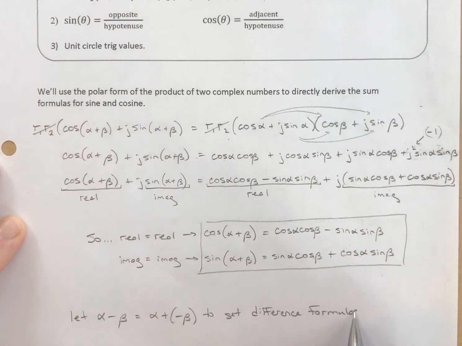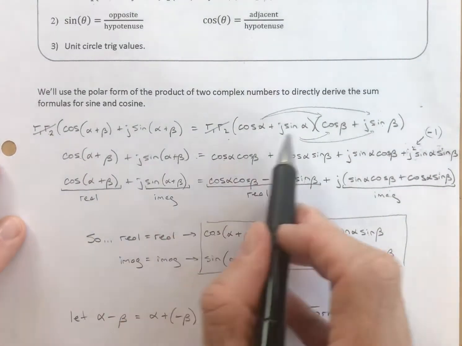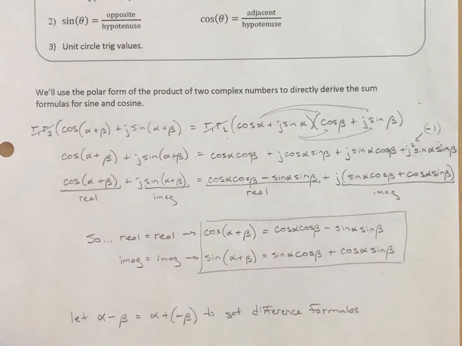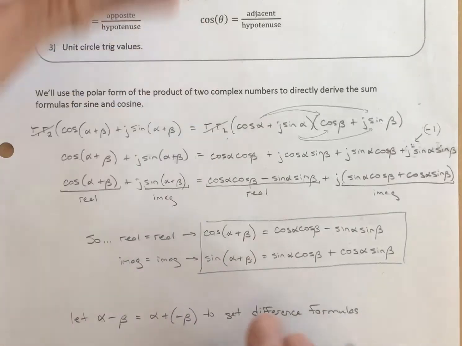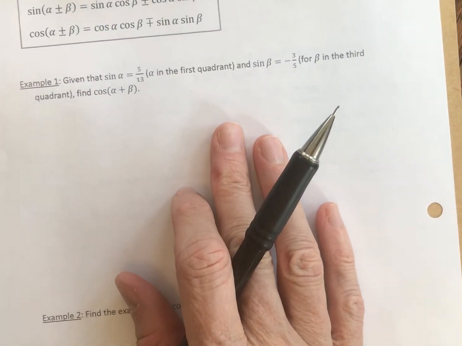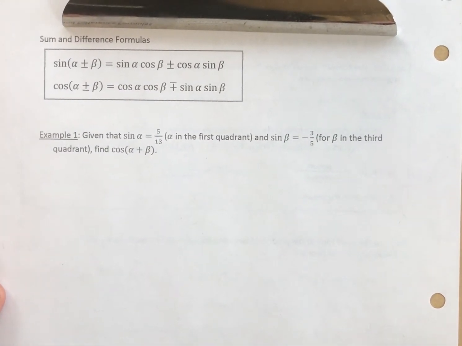Basically we rewrite subtraction as addition, and then we'll just use the exact same process to derive the difference formulas. All right, let's take a look. I'm going to recap that at the top of this next sheet here, then we're going to put it into use. All right, let's recap that.